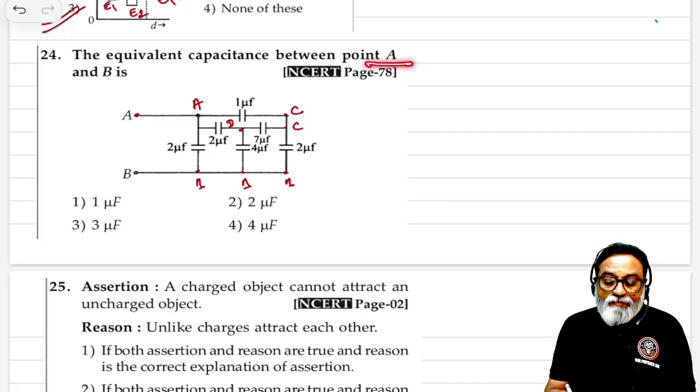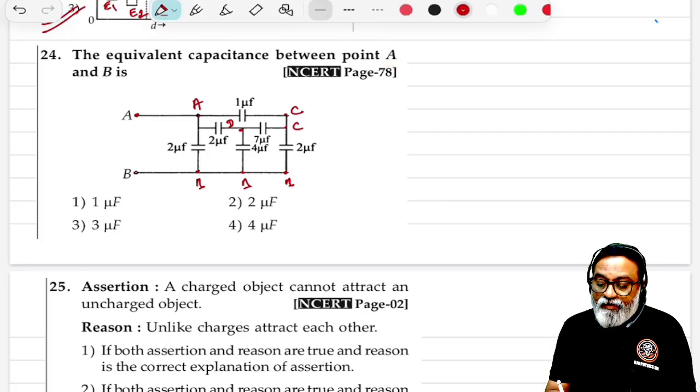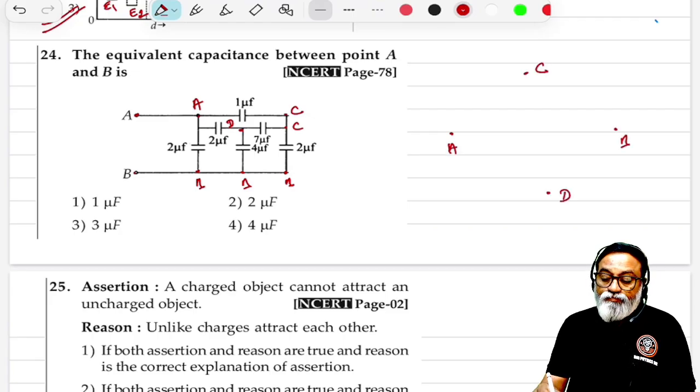We have to find out the capacitance in between A and B. Therefore, here is A, here is B, another node point C, another node point D.